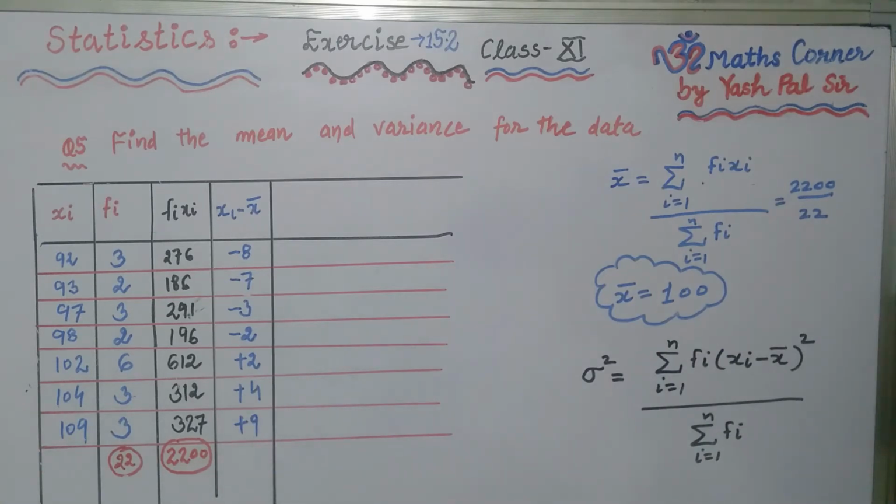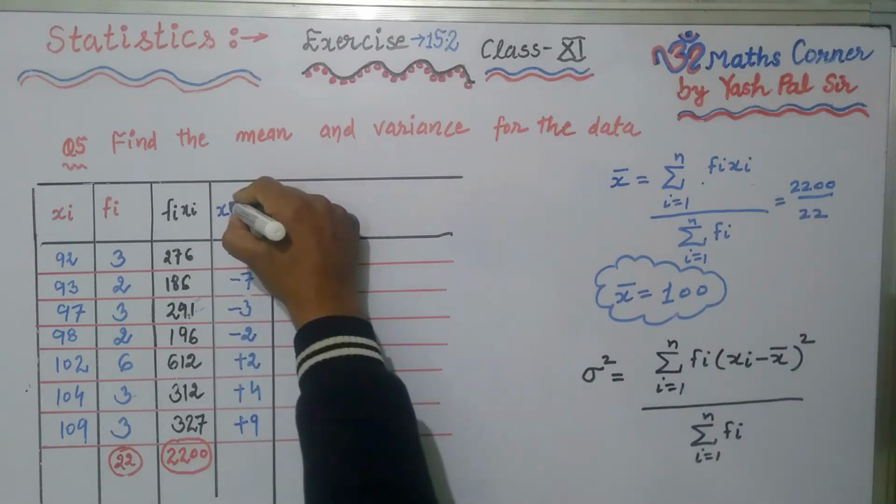Right? Now next step, we find the square of xi minus x bar.